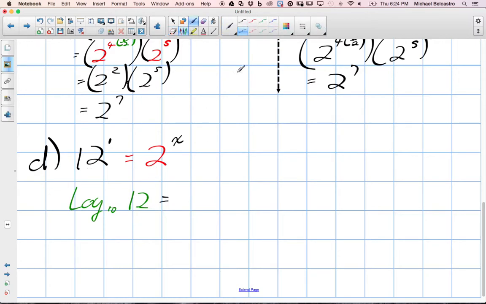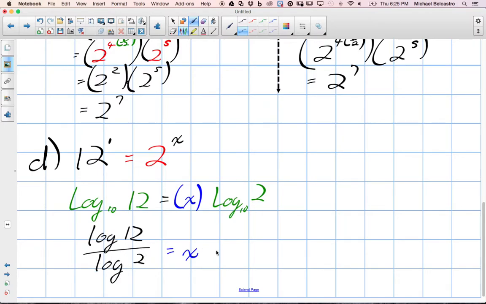On our other side, though, this power that comes down will be multiplied by x, and we'll have our log base 10 of 2. Okay. So now we can bring this over, and we're going to get x is equal to log 12 over log 2.